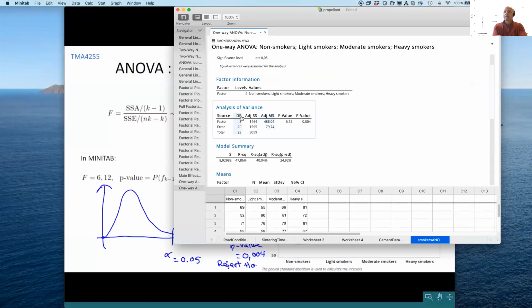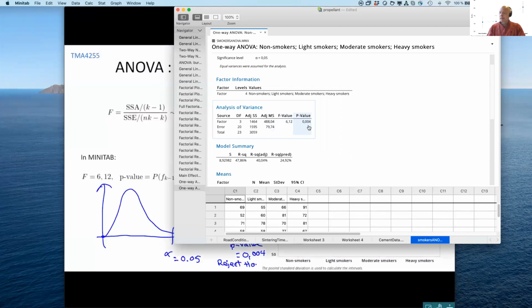This is the analysis of variance, where we've split the factor effect, SSA, and it's on its 3 degrees of freedom. There were 4 groups, but this is like k minus 1, and we get this sum of squares that sum to 3000. That's the total sum of squares, and we see these adjusted sums of squares divided on their degrees of freedom, and the F statistic, which is then surprisingly large. So quite easy to do this in Minitab.